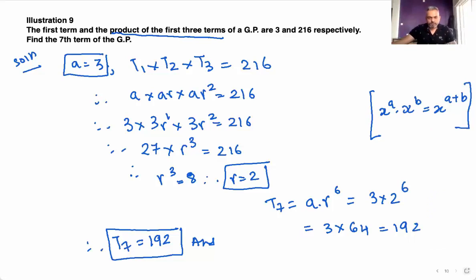Now, illustration 10 is also an important sum. Pay attention.